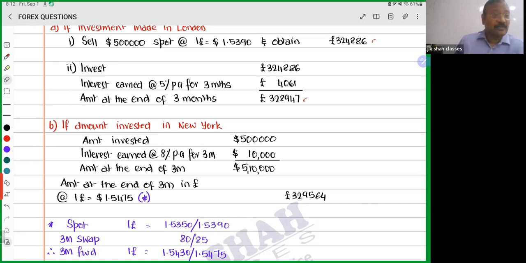Do it in pairs now, you have the presentation with you. The presentation will be similar to A, no? Sell $5 lakh spot, convert it into euros, invest it, earn interest.